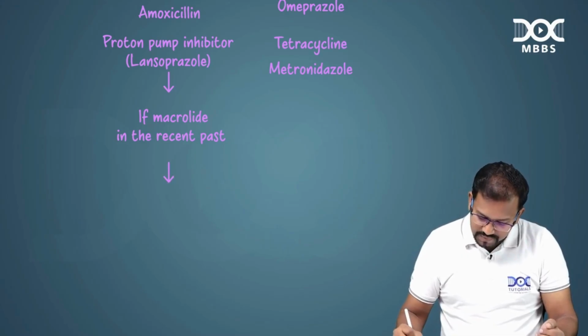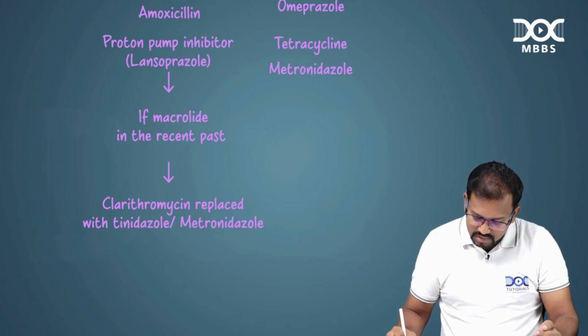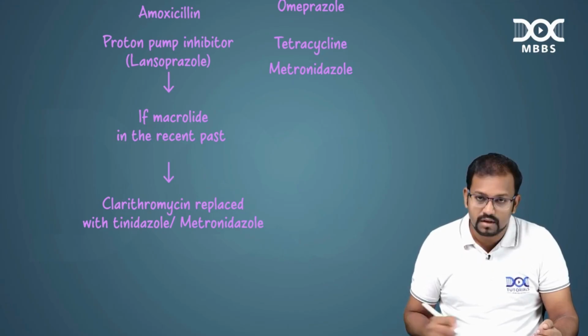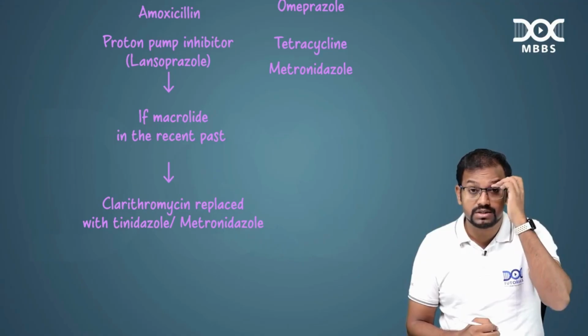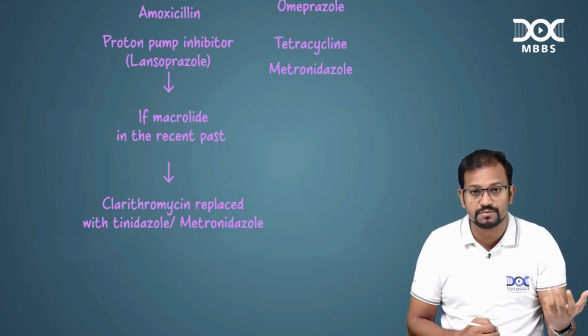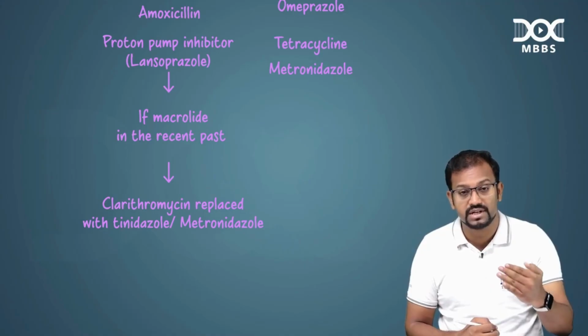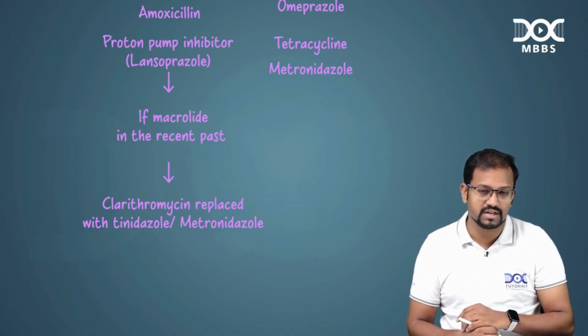In those conditions, this clarithromycin is replaced with tinidazole or metronidazole. So what's the regimen we use for H. pylori infections in those patients who have been recently exposed to clarithromycin? We use metronidazole or tinidazole with amoxicillin and with the proton pump inhibitor, and that is lansoprazole.